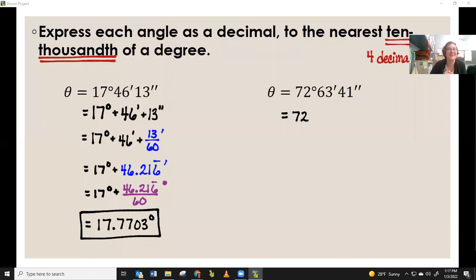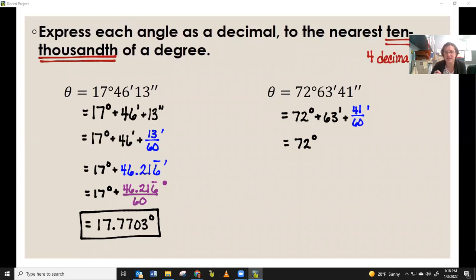Did you guys notice anything interesting when you changed this into just decimal degrees? Anything that would be different or unique from before?